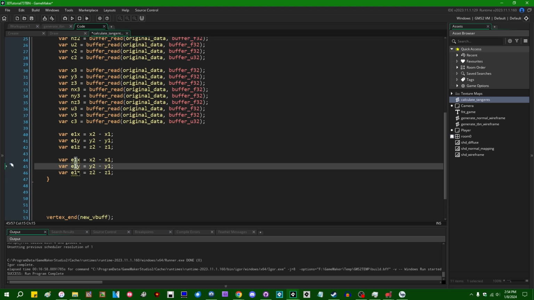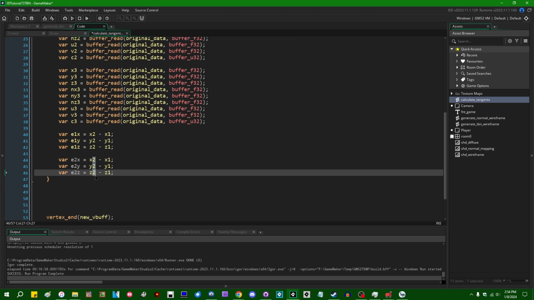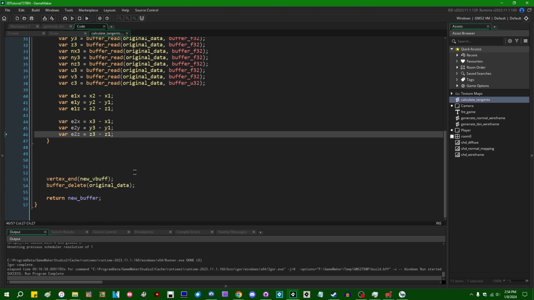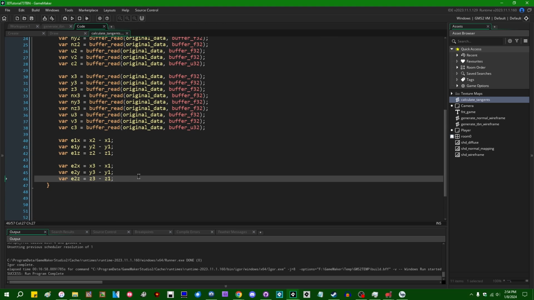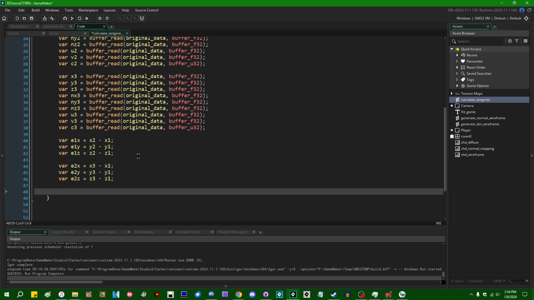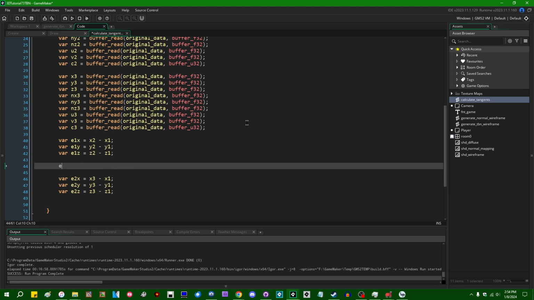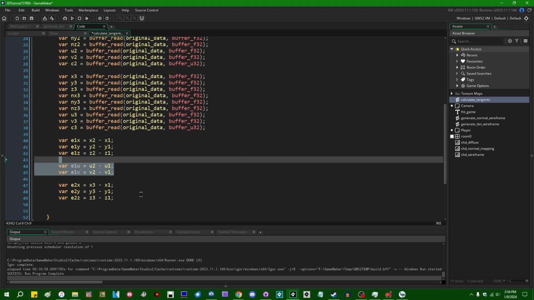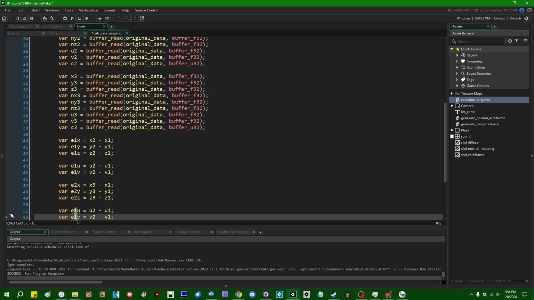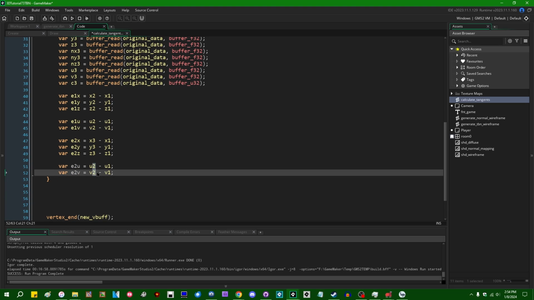Same thing for the second edge, that's going to be the third vertex, subtract the first vertex. And I also said I was going to want to do something similar with the texture UVs. So I guess I can say var e1u is going to be u2 minus u1, e1v, v2 minus v1, and same thing for the second edge.